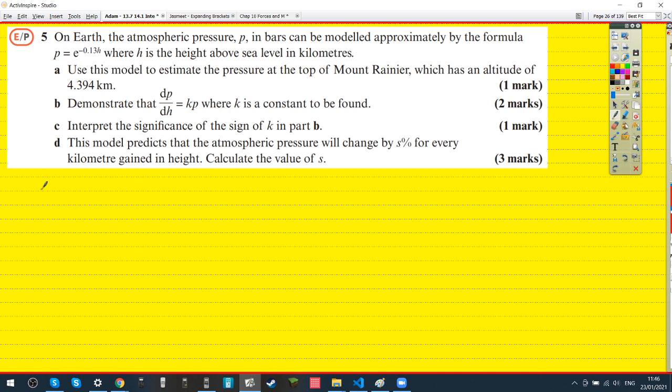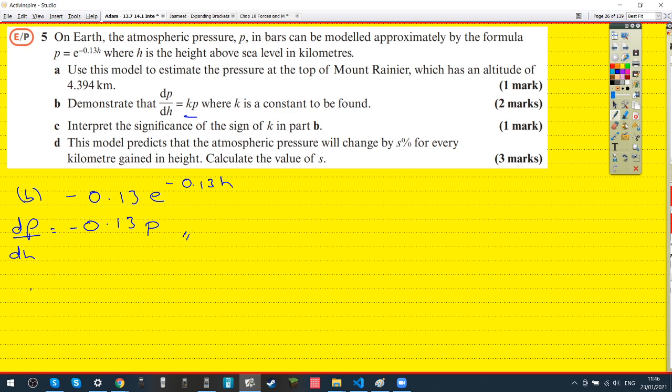Yep. It'd be minus 0.13 e to the power of minus 0.13h. And they want it in the form Kp, where K is a number. So it'd be minus 0.13 and then p. Correct.